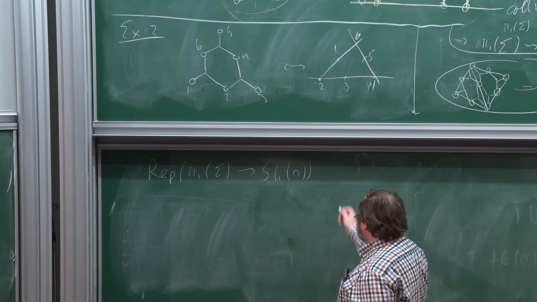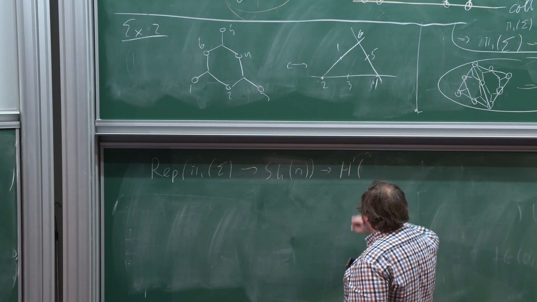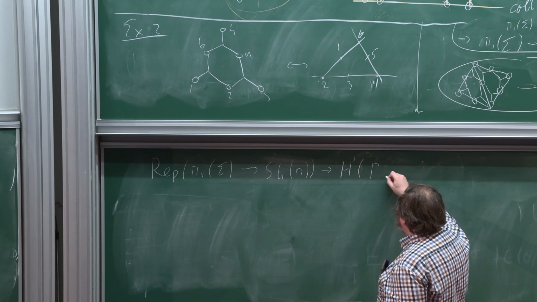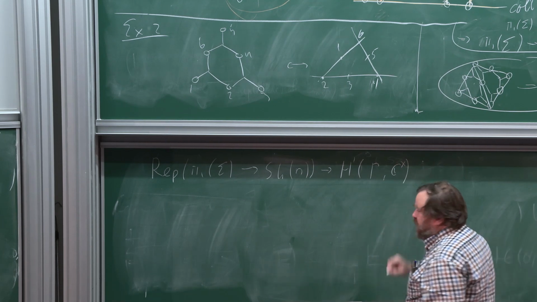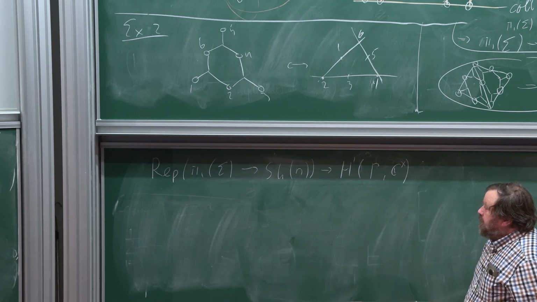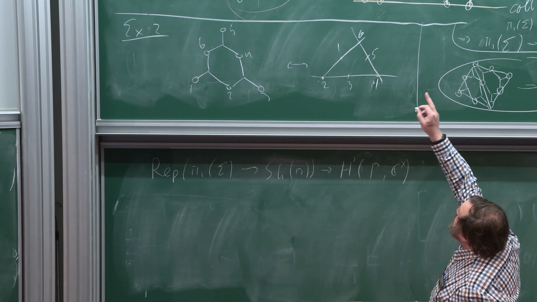So you have SLN to the first homology group of the graph, with coefficients in the multiplicative group. Which, well, this class of homology is given exactly by these numbers on edges.